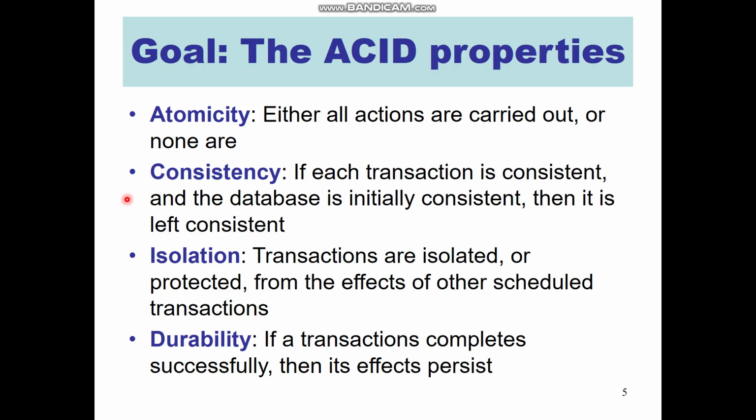Isolation means if multiple people are doing transactions, they are isolated. One transaction doesn't have an effect on another transaction. Durability is if a transaction completes successfully, then its effect on the database persists, or stays in the database forever.